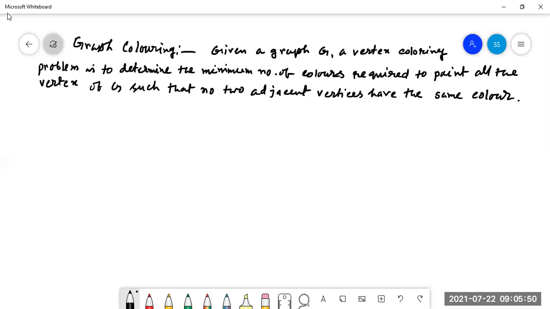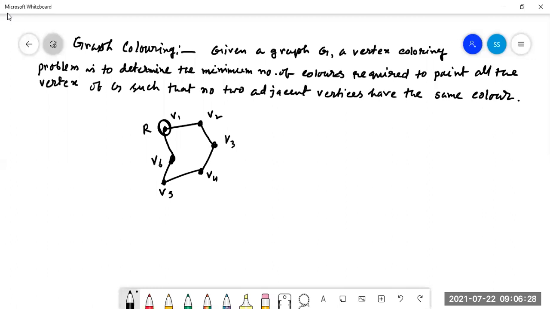If we take one graph, suppose this is G, then if we color this vertex red, then we cannot color this vertex or this vertex red. Because of that, only this is red. So if we label the vertices V1, V2, V3, V4, V5, V6, adjacent to V1 is V2 and V6.